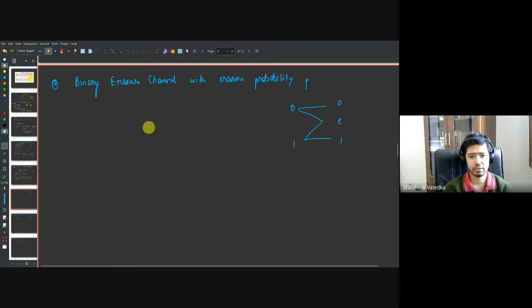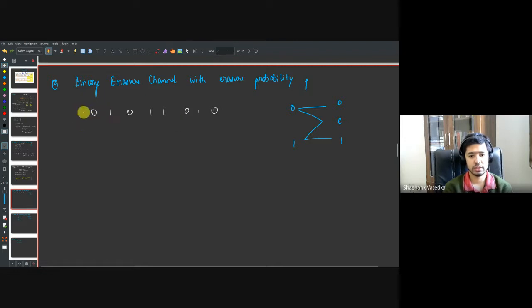So here is another simple model, and it is the case when you transmit a sequence of bits 0, 1, 1, 0, 1, 0, 1. You can imagine that there's someone sitting in between who does the following.